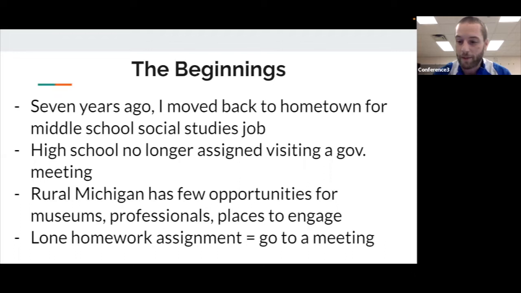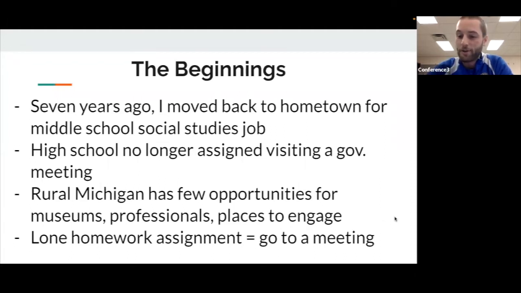So just to back it up a little bit too, Harrison, Michigan is very rural. We're out in the middle of nowhere, Clare County. And rural Michigan has some challenges, especially if you want to take your kids to a museum, introduce them to professionals, or find places to engage in learning outside of the classroom.